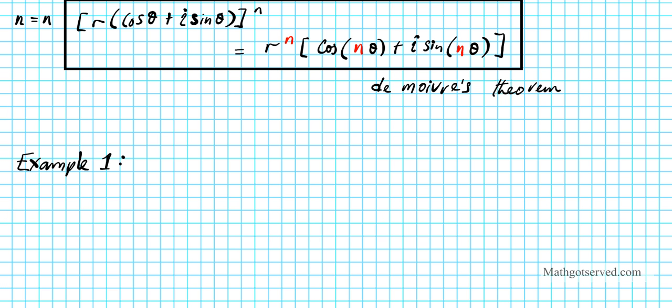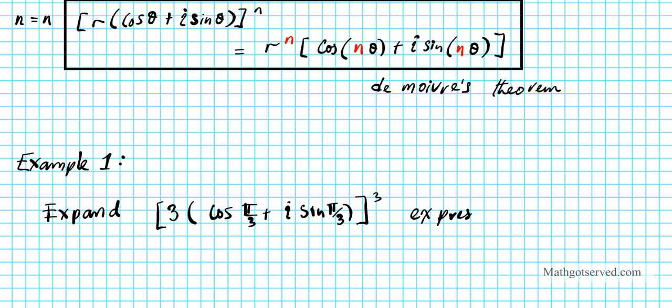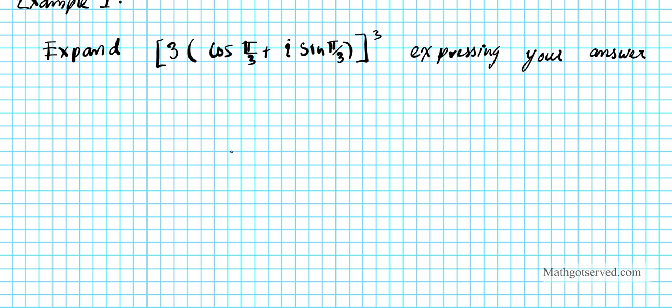For example 1, expand the complex number in polar form 3 cosine pi over 3 plus i sine pi over 3 raised to the third power, expressing your answer in polar and rectangular forms.